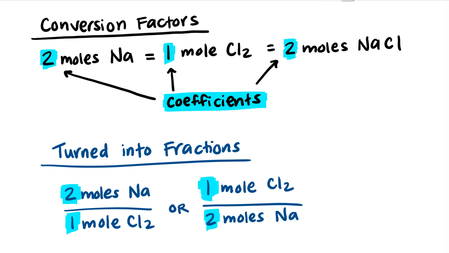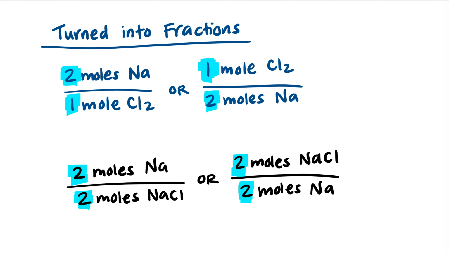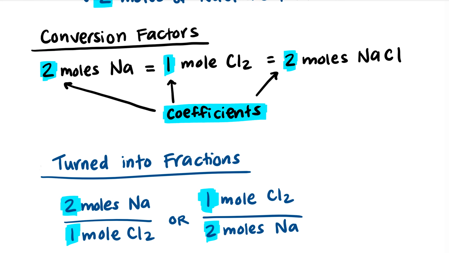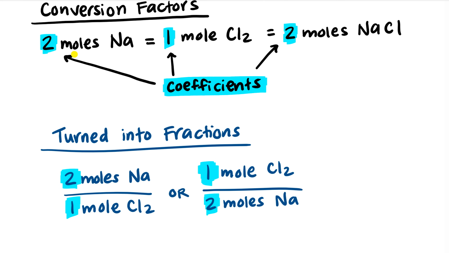Now, sodium and chlorine is not the only fraction I could write. I could write sodium and sodium chloride in the same fraction. So here I have sodium and sodium chloride in the same fraction. According to our unit conversions, our conversion factors, it is the same thing.